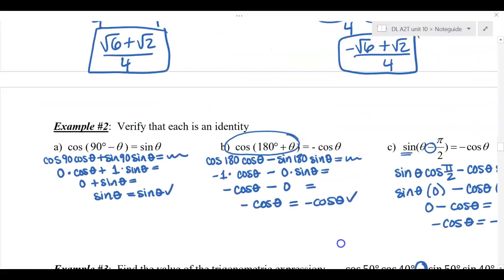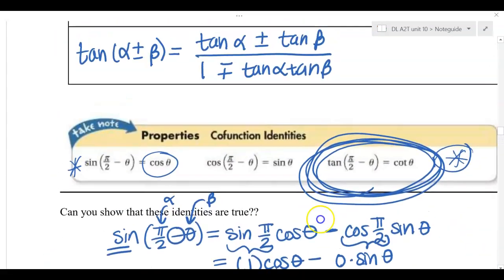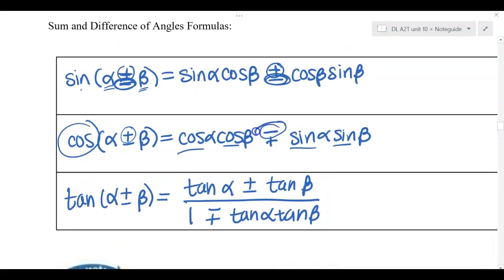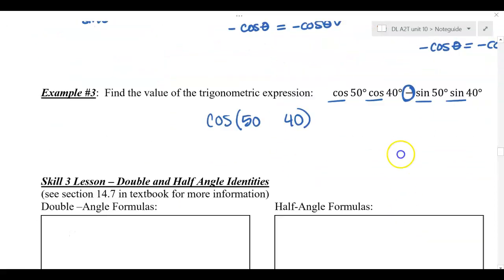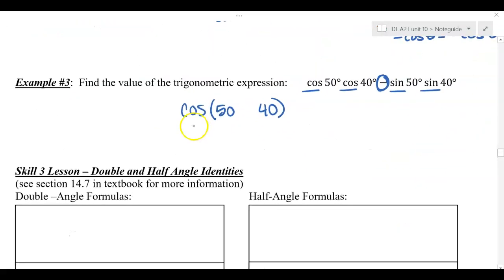I'm going to go look at that expansion again. And for the cosine, when that had a minus between them, that meant in here it was actually a plus. So this expansion is the same thing as a cosine sum formula, which means they're really just asking me for the cosine of 90, and the cosine of 90 is 0.